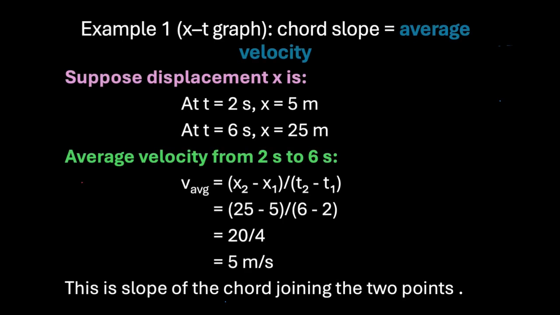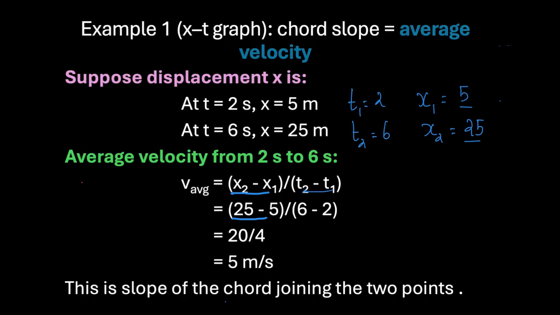Now, a small calculation on this average velocity. Say we have t1 equal to 2 and the corresponding x1 as 5. t2 is equal to 6 and the corresponding displacement as 25. What is x2 minus x1? 25 minus 5.